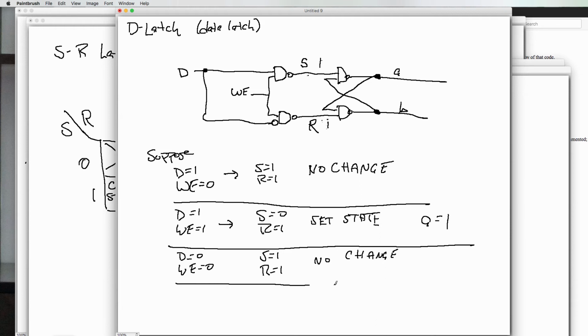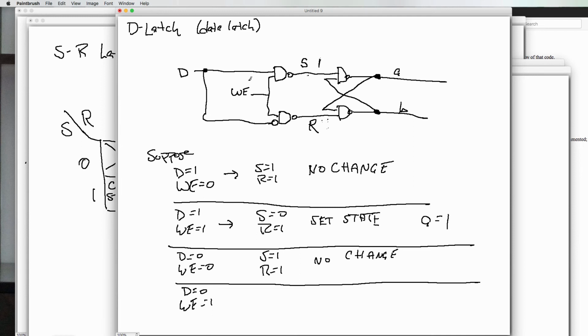And the last situation I need to consider is what happens if D is equal to 0 and WE is equal to 1. Let me go ahead and erase things over here. In that case, I'd have a 0 and a 1 going in here. That's going to make this a 1.